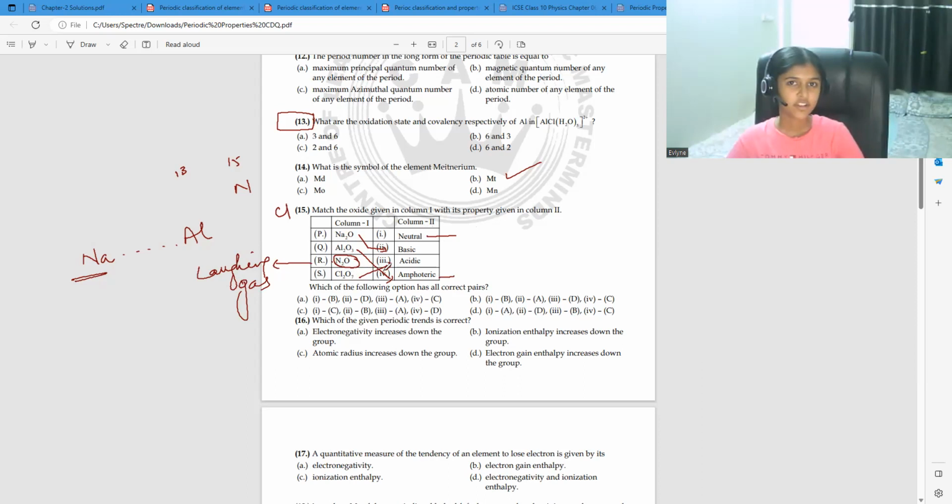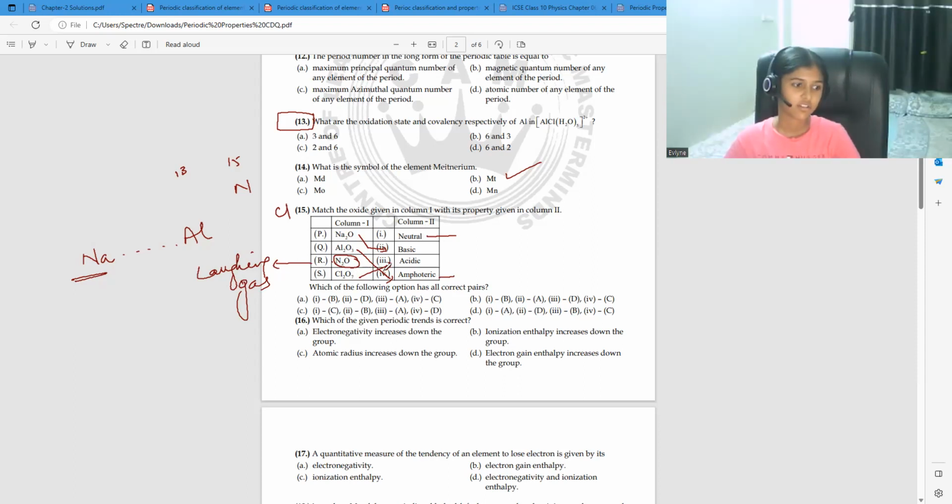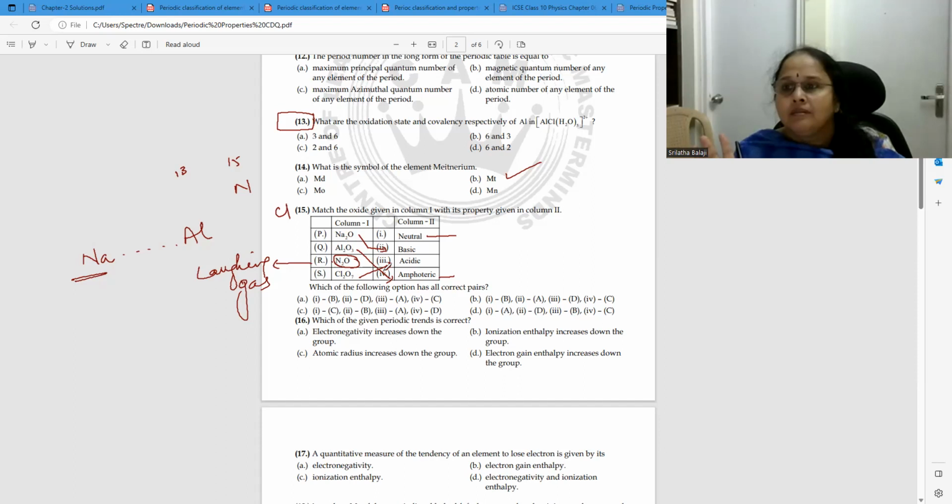Ma'am, amphoteric reacts with both acids and bases. Neutral doesn't react with either of those. Neither acidic nor basic. Another concept of neutrality we do in acid-base concepts, in terms of pH, a different neutrality there.